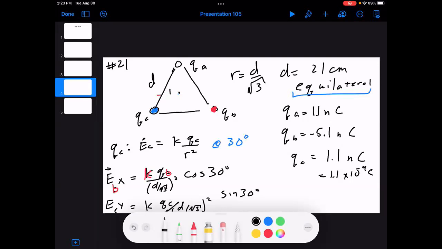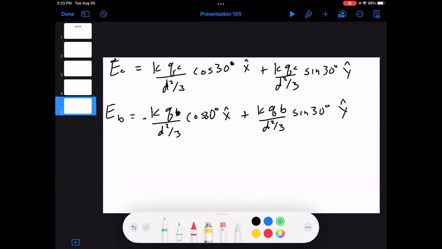QA. So it's at the top here. Which way is its electric field going to point? Down? Okay. So if I ask you for the x component of A's electric field, what would you tell me? What do you think?